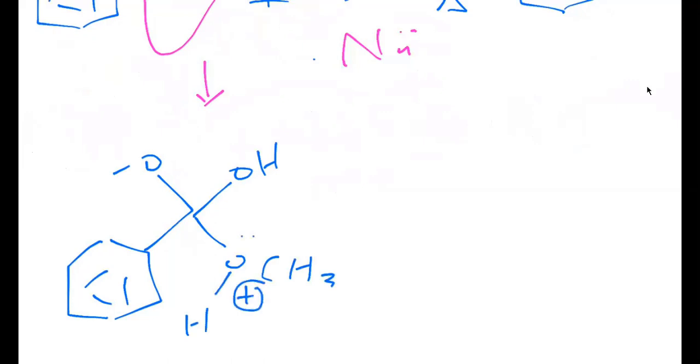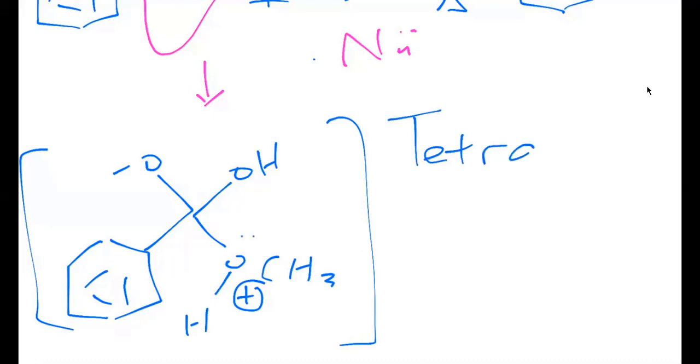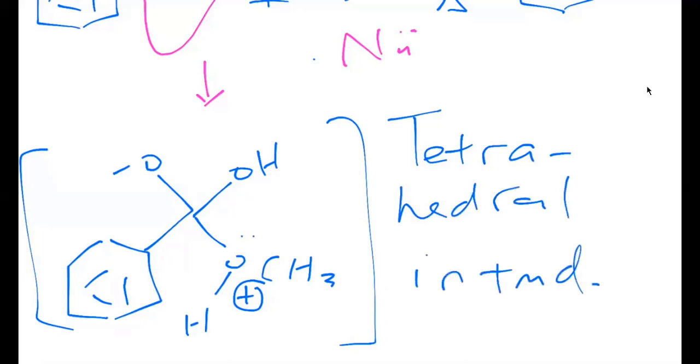Anytime you add to a carbonyl, you're gonna get this type of tetrahedral intermediate. That's going to be a common intermediate for every carbonyl addition. Not this one in particular, but every carbonyl addition is going to go through a tetrahedral intermediate before going to product.